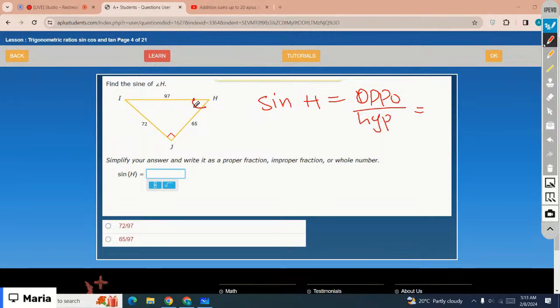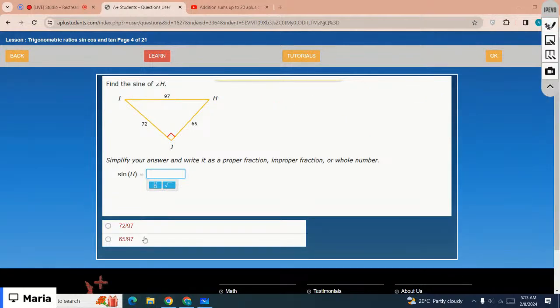So here is H. From H, opposite is 72 and hypotenuse is 97. So that is 72 divided by 97. Option number 1 is the correct option. Got it? 72 divided by 97 is the correct option.